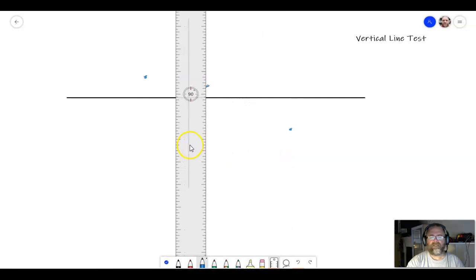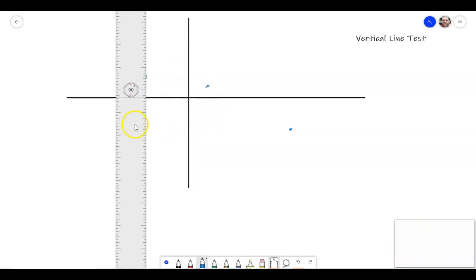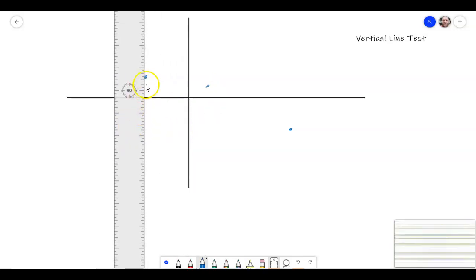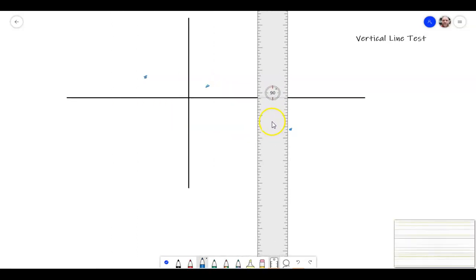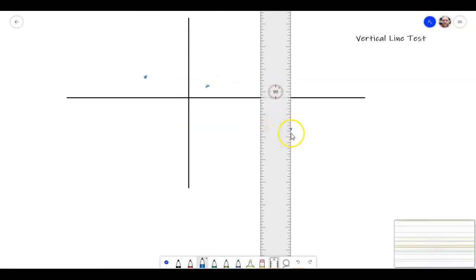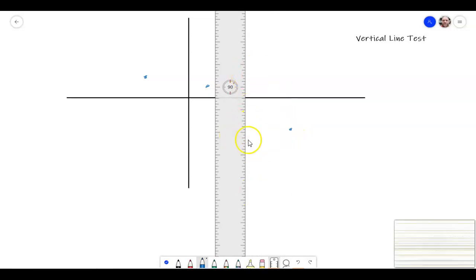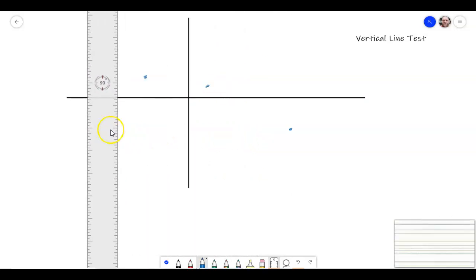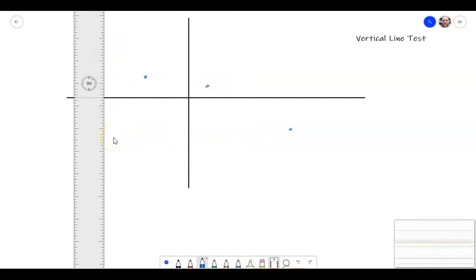So even if I put it here, I'm only going through that point right here. If I put the vertical line there, I'm only going through this point right here. And if I go through the vertical line here, I'm going through this point. Now if I do one here, I'm going through no points, and that's fine. If I'm going through here, no points. But at most, I can only go through up to 1 point.